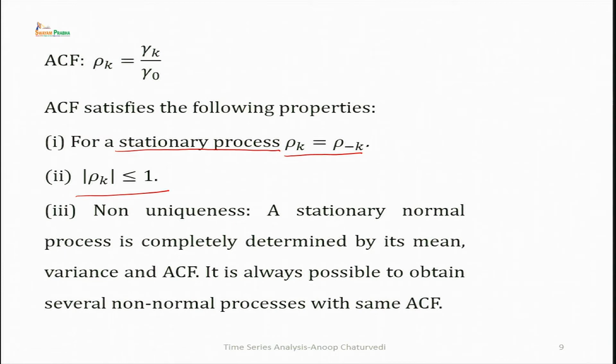Then the ACF satisfies the following properties. So far we have not defined the stationary process. I will define the stationary process later on, but we assume that the process is stationary. Then rho k is equal to rho minus k, and mod of rho k is less than or equal to 1.